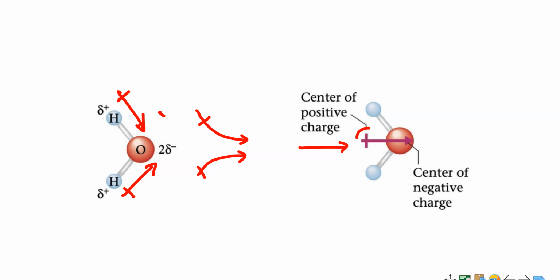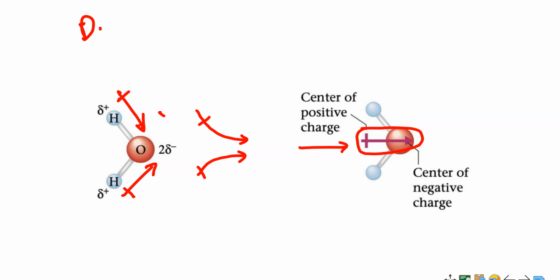So the molecule has a dipole that looks like this, rather than two individual arrows. So a molecule has a single dipole that's a combination of all the polar bonds.